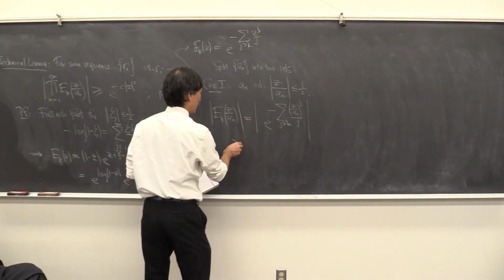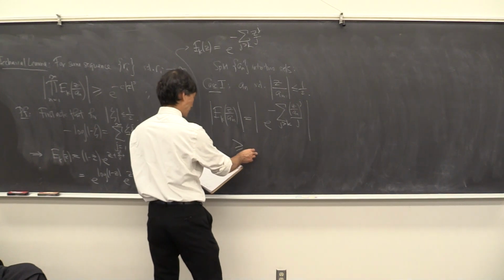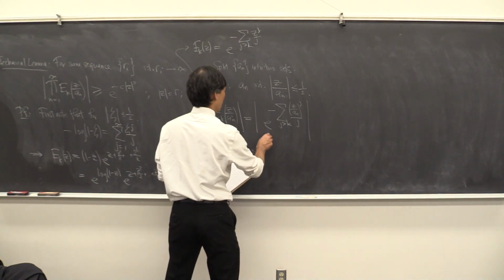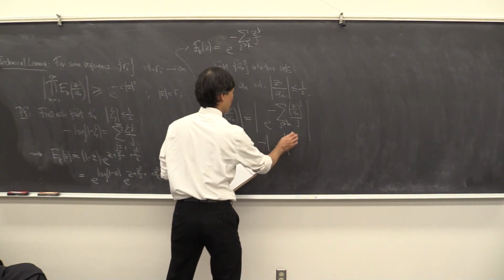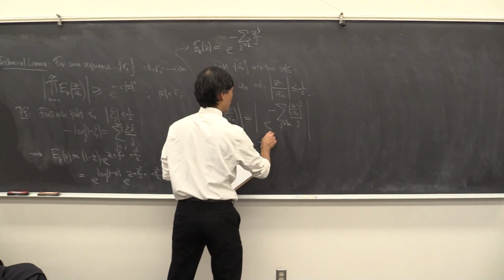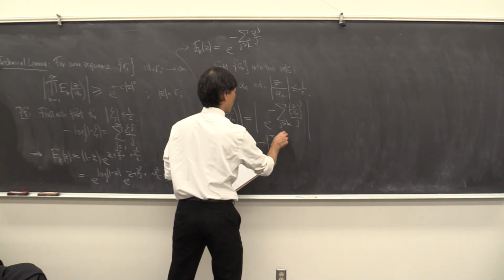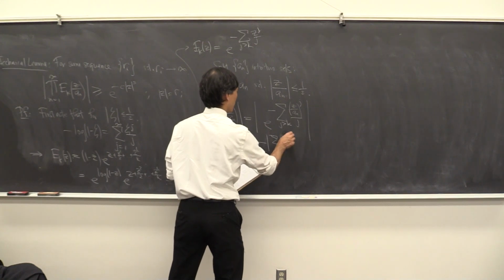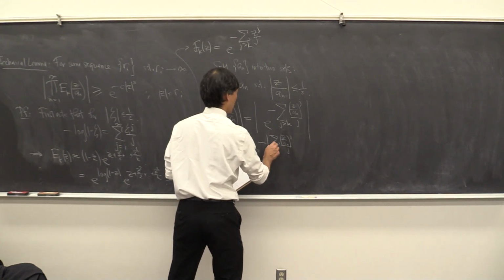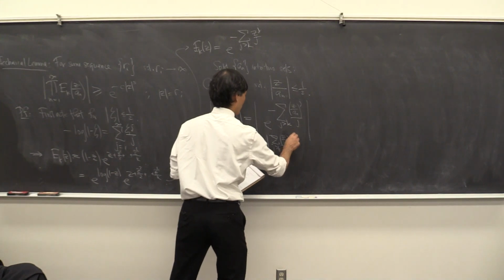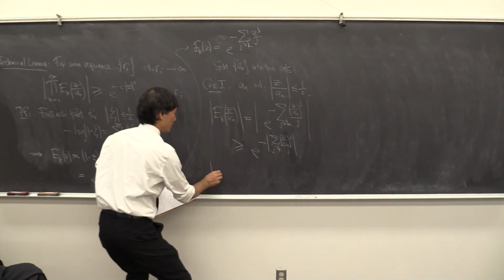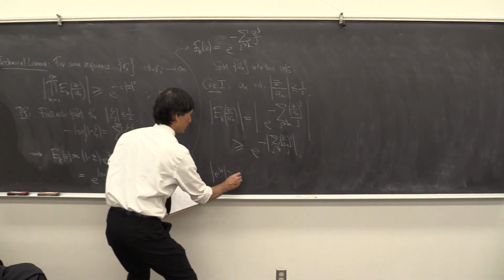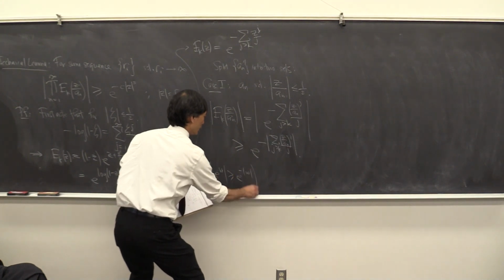Now that is greater than or equal to e to the minus the absolute value of that sum. And that's just because the absolute value of e to the w is greater than or equal to e to the minus absolute value of w.